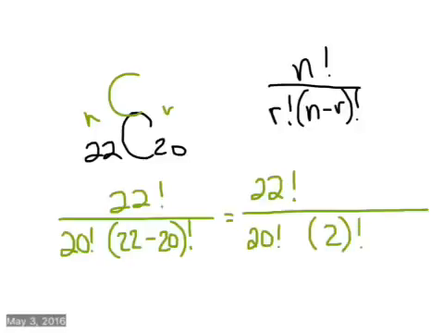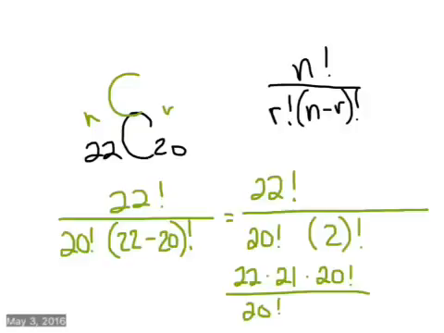So 22 factorial was 22 times 21 times 20 and so on. But once I get to 20 factorial and you see the 20 factorial on the bottom, it wipes away all of this. If you've got 20 factorial on the top and 20 factorial on the bottom, they cancel each other out.